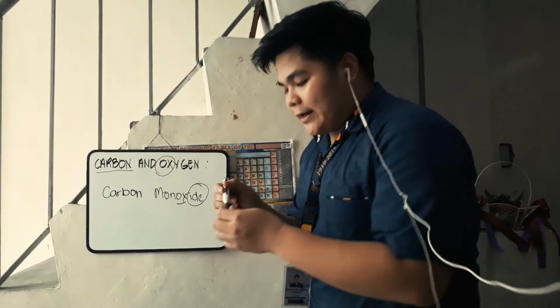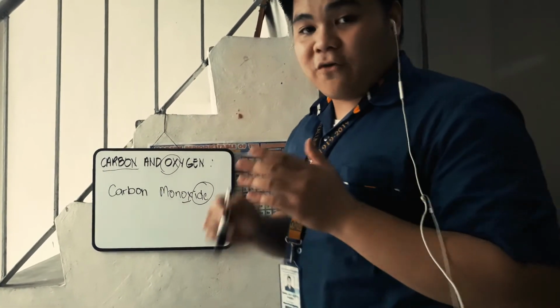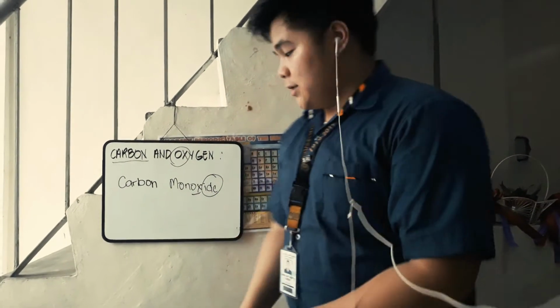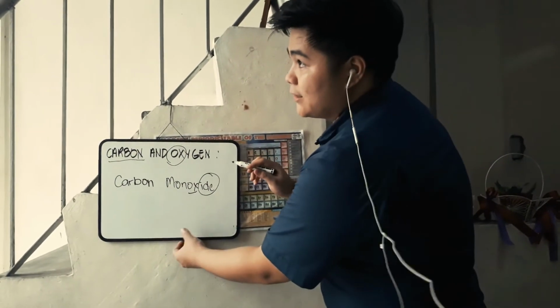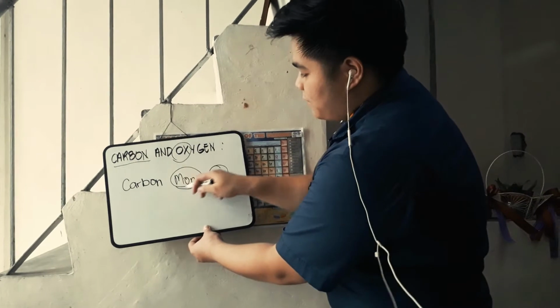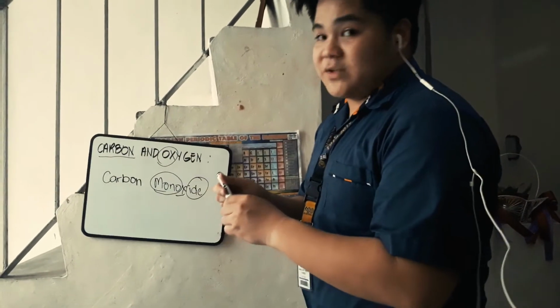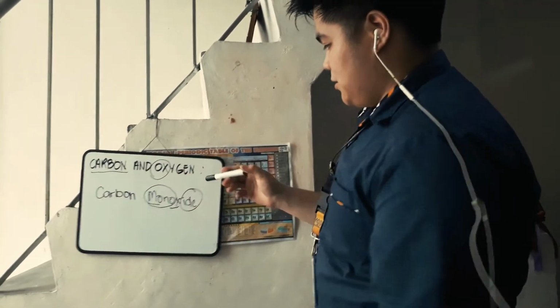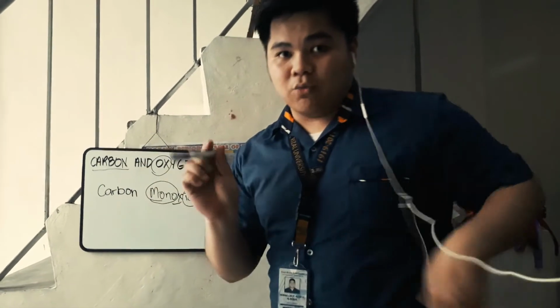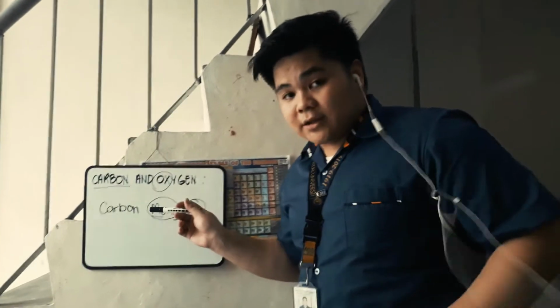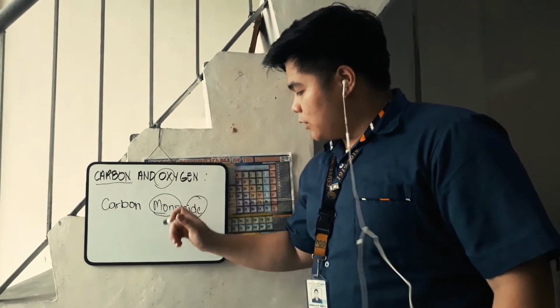And now in the covalent compound combining, we will add a prefix on the name of the second element in the compound. Why mono? Because we combined only one carbon and one oxygen. So the oxygen we will now call monoxide.